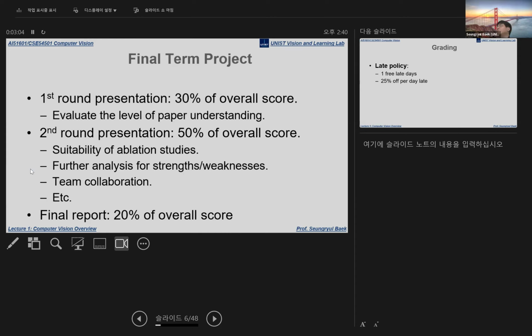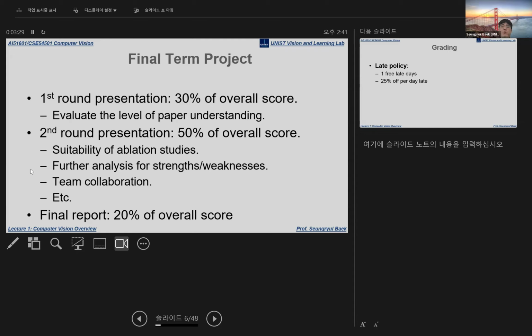And in the first round, you have to present what the paper is doing. So we will evaluate you based on the level of understanding about the paper in the first round. And in the second round, you have to do some analysis and some more evaluation studies and present that.